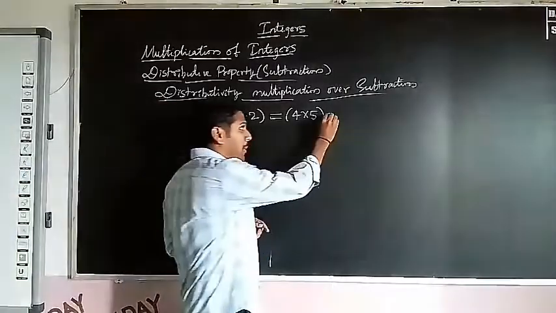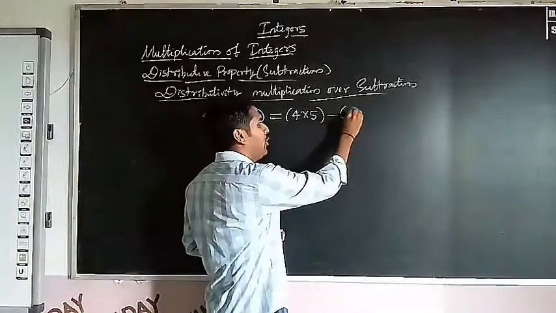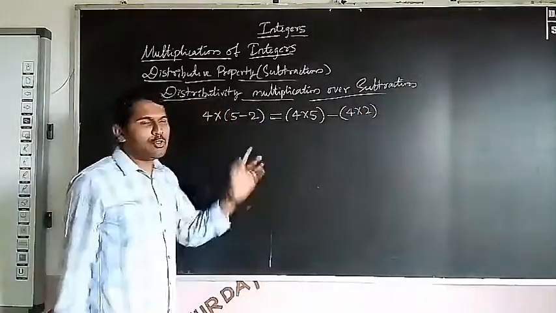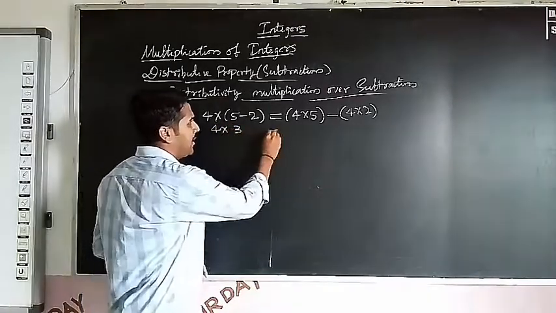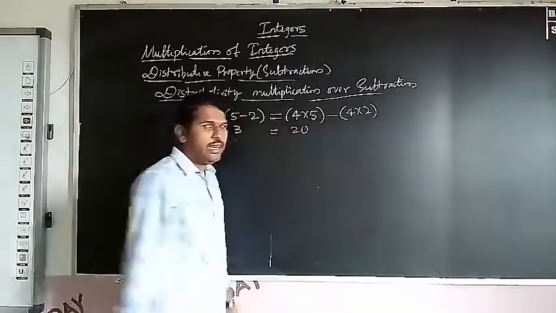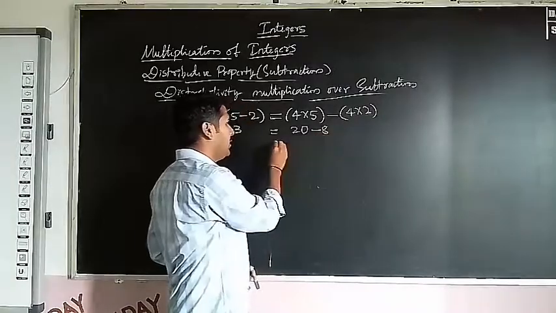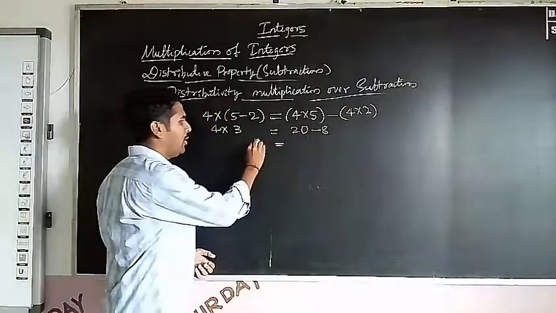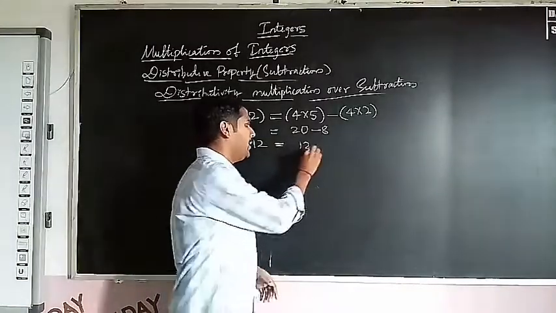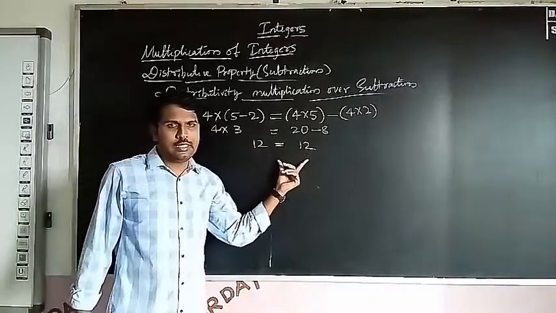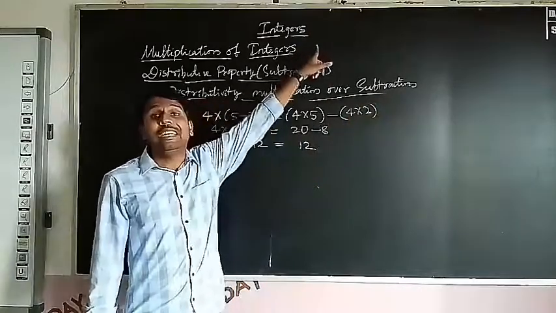Again next minus 4 into 2. So how to solve this one? 4 into 5 minus 2, 3 equals 4 fives are 20, no. Minus 4 twos are 8. 4 threes are how much? 12. 20 minus 8 how much? 12, no. That means LHS equals RHS. That means this property, distributivity, multiplication over subtraction holds for integers.